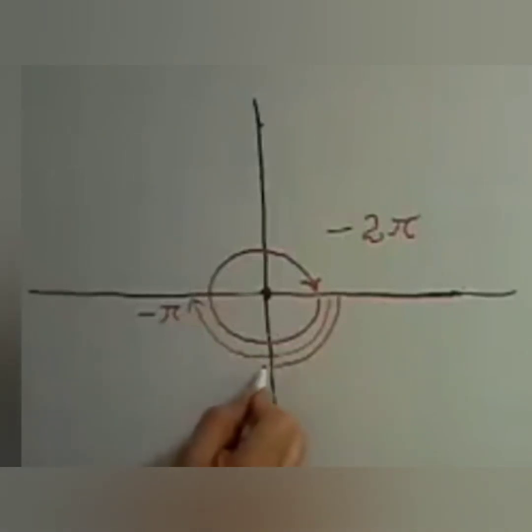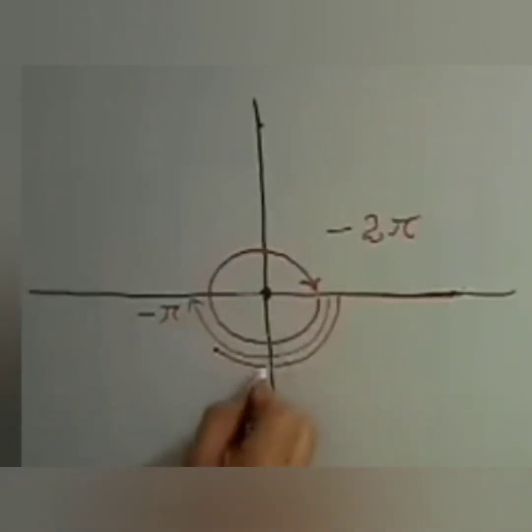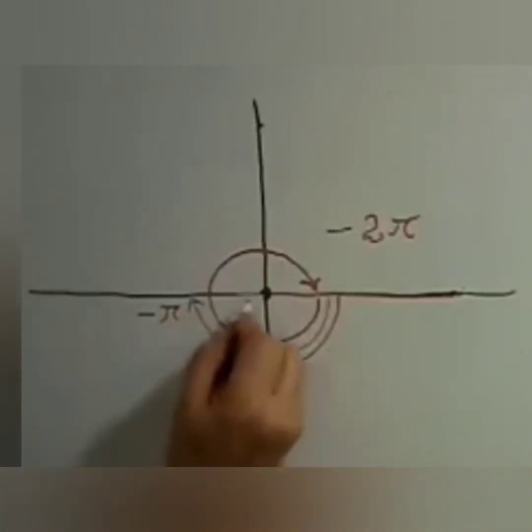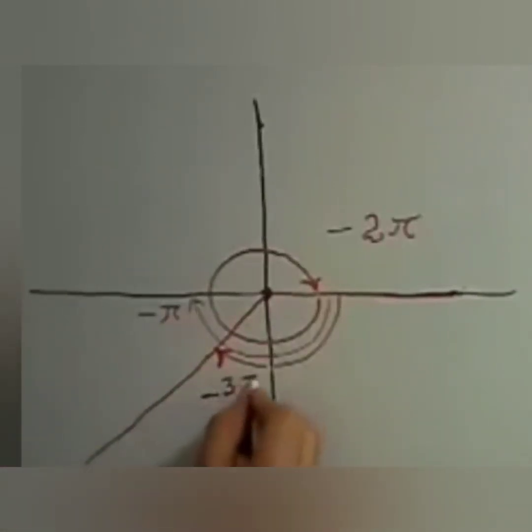And we will move another pi over 4. That means this point here will be half pi and here a quarter pi. So the terminal side will be this side, and this is the end of the angle we need, which is negative 3 pi over 4.